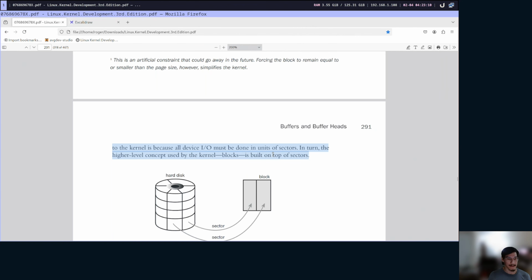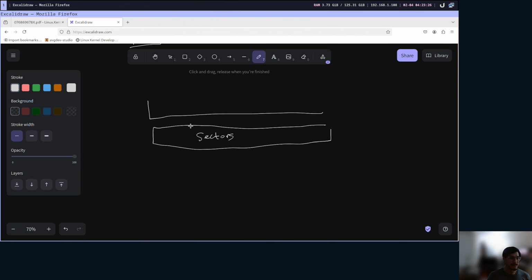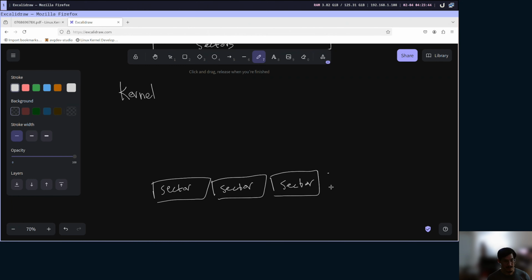So now for the kernel, we have sectors, and then we have, actually that's not even good. Let's do it better. Kernel. Okay, so then we'll have sector, sector, sector, sector.